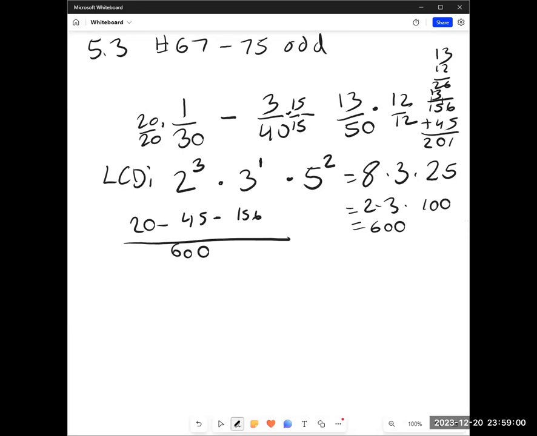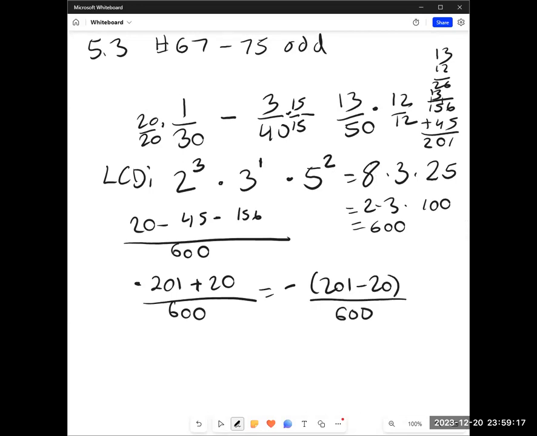This is going to be negative 201 minus 20 over 600 is a negative 181 over 600.